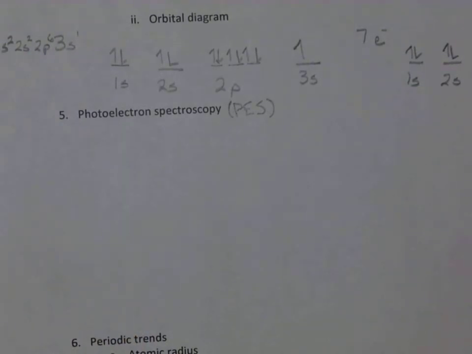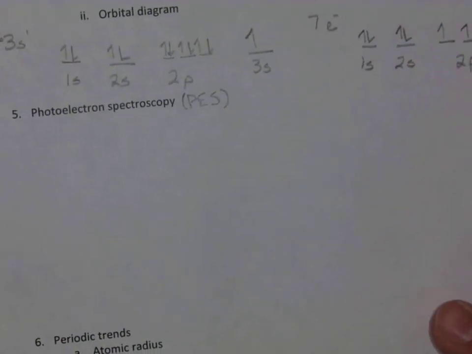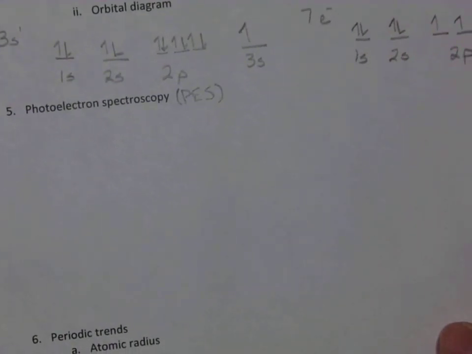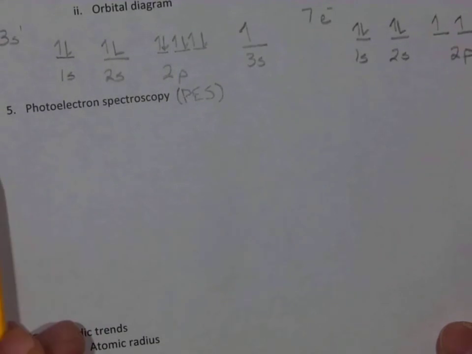So it's going to show us really how strongly the electrons are held by the nucleus. So this is where we're going to pause because this is a really important concept.